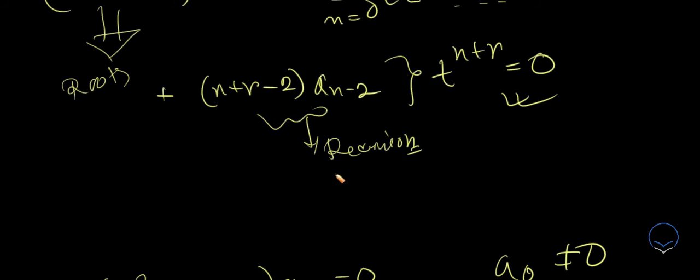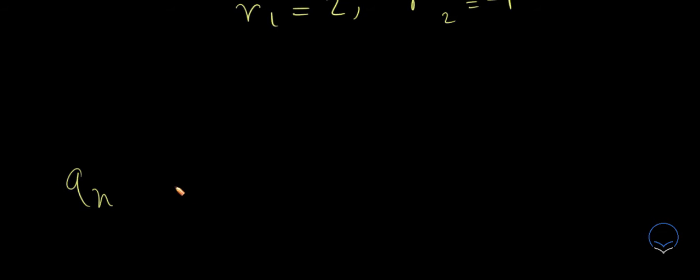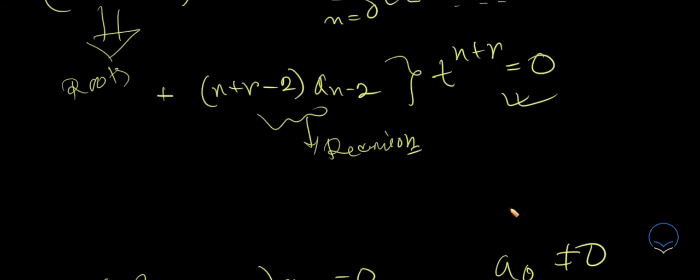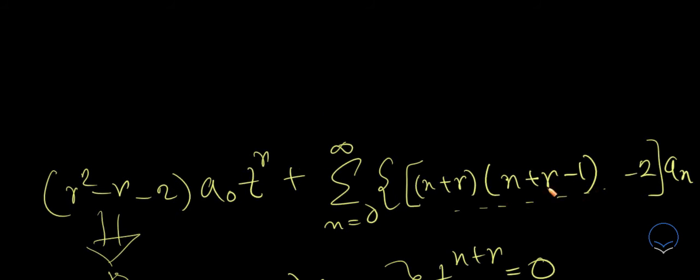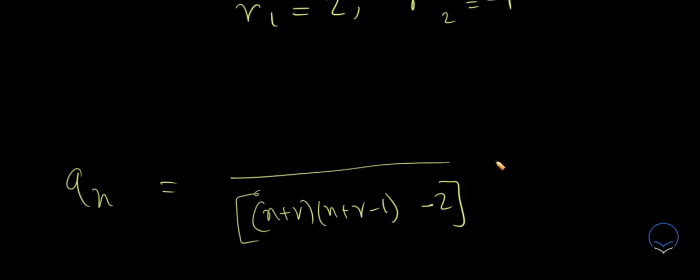So a of n, and what was the term that was in front of a of n? This guy, n plus r minus 1 minus 2. So this will go down in the denominator, in brackets, n plus r minus 1, I think, minus 2. Yeah, and then you have n plus r minus 2 a of n minus 2.